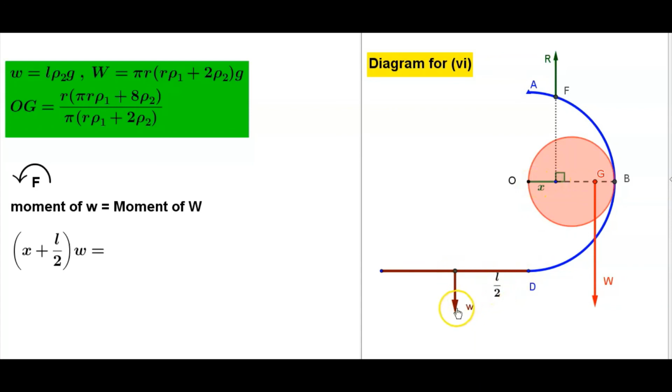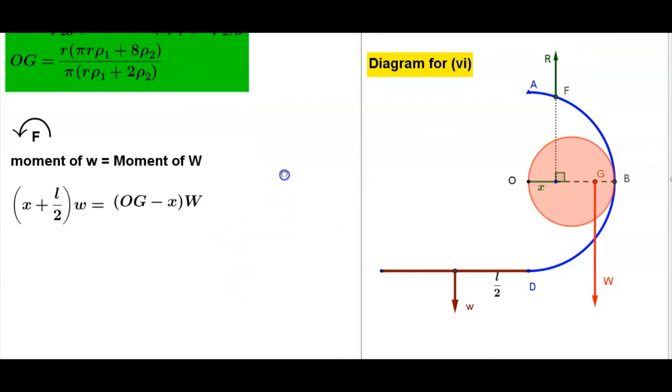Now x plus L by 2 into small w is equal to, for this capital W, the distance from here to here. But this one is x bar, that means OG, this one is x. Now this distance is OG minus x, into W.